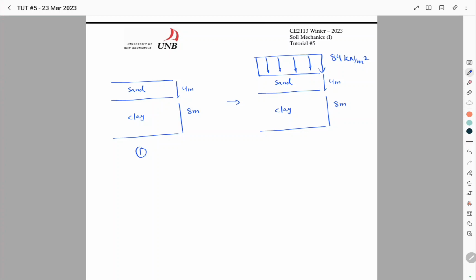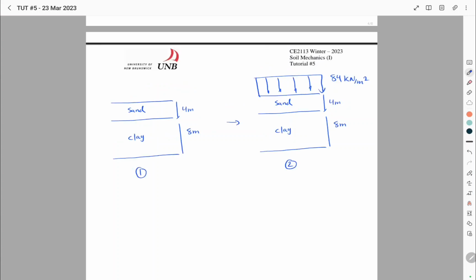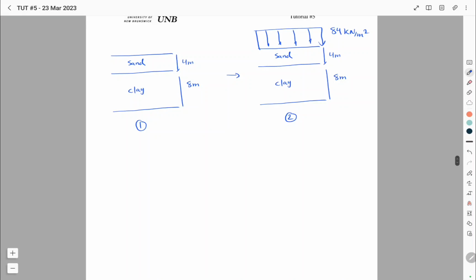And the consolidation of the clay layer is asked from us. So in order to determine the settlement in the clay layer, we can consider the whole clay layer as one layer, or we can divide it into sub-layers and calculate the settlement of the sub-layers and add them all together to get the total settlement.